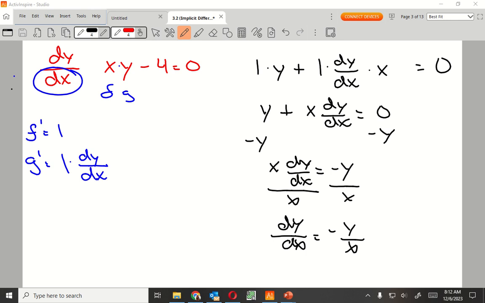So I was able to isolate my dy/dx, not my y by itself, but get my function right there by itself.